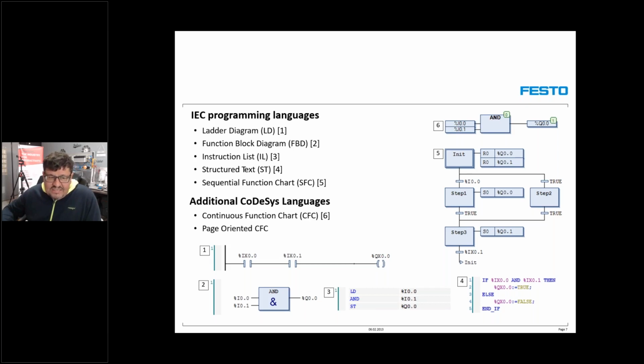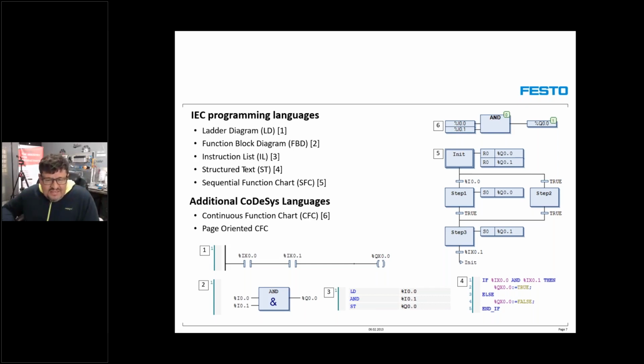Structured text and ladder are the two programming languages mostly used by a lot of companies and integrators that utilize PLCs. So: ladder diagram, function block diagram, instruction list, structured text, and the last one is sequential function chart. That is for sequences.